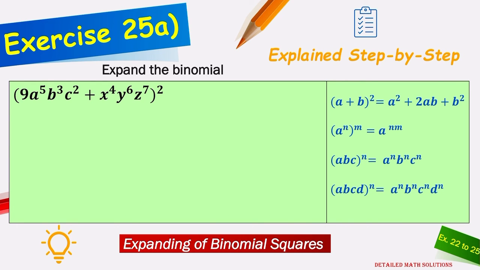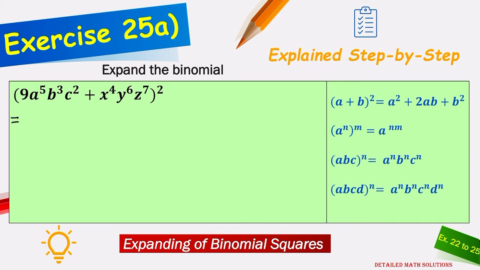Next exercise. Expand the binomial (9a^5 b^3 c^2 + x^4 y^6 z^7) squared.